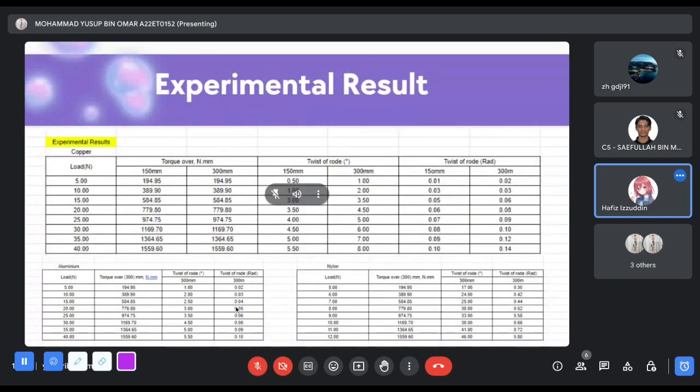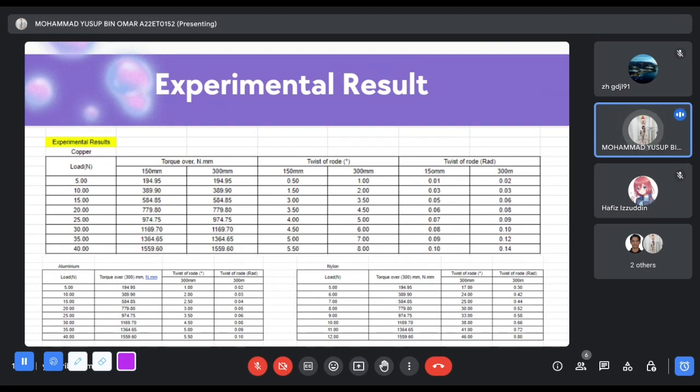Okay, this is the experimental result. As we can see, for copper, we have a torque in Newton millimeter, and then the twist of the rod was recorded after the experiment was done.